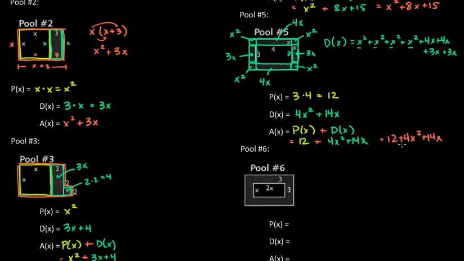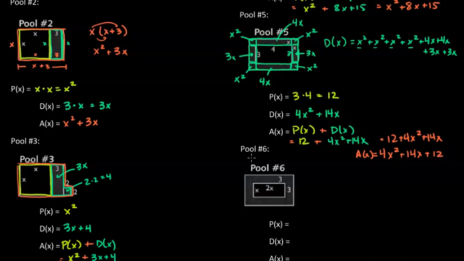But we want to write this in standard form where we have the x squared term out at the beginning. So I'm going to say 4x squared, then the 14x next, and then the 12. So our altogether area is 4x squared plus 14x plus 12.